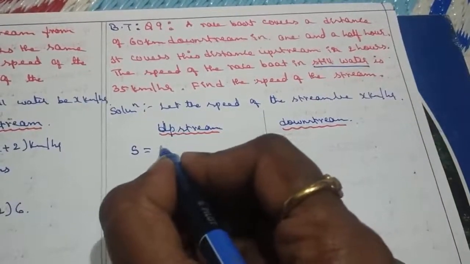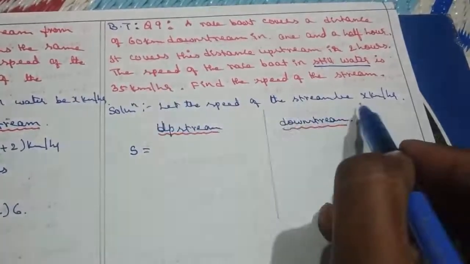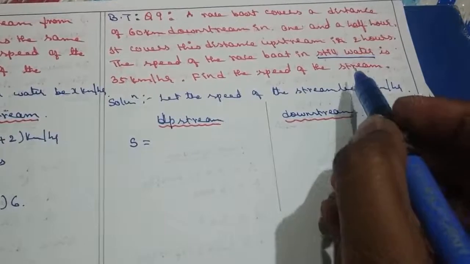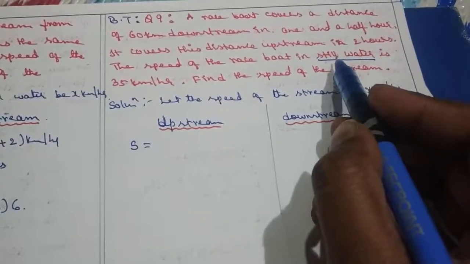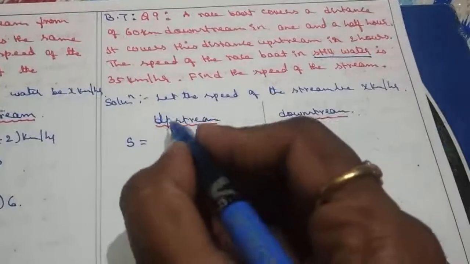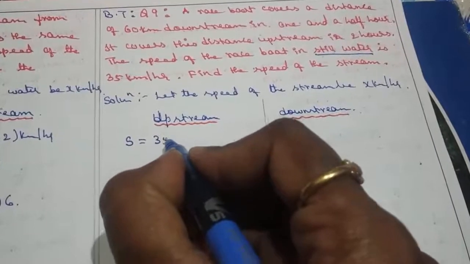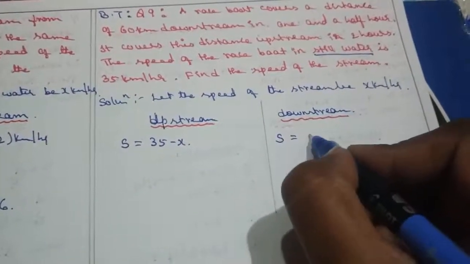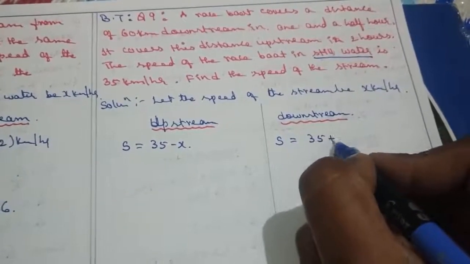So upstream we need to subtract. Instead of x minus 35, now we have to take it as 35 minus x, because the still water speed is greater than any other speeds. So 35 minus x. Here you need to be very careful, children. And here in the downstream 35 plus x.